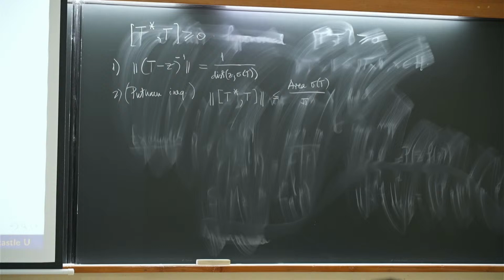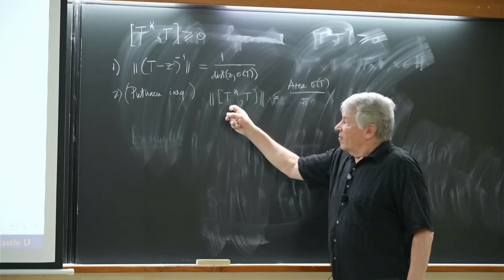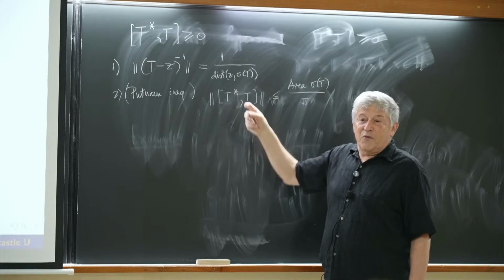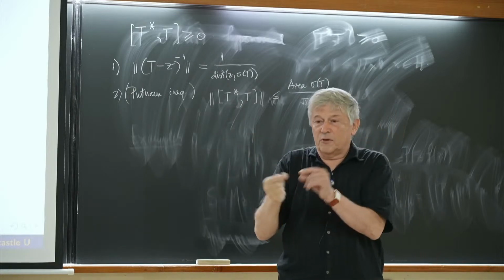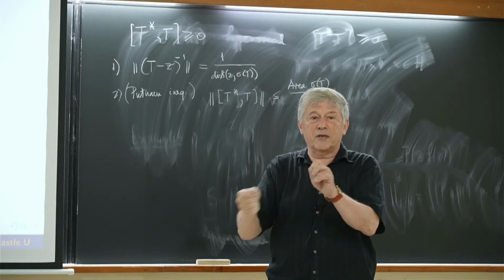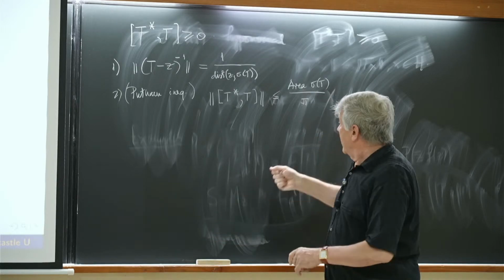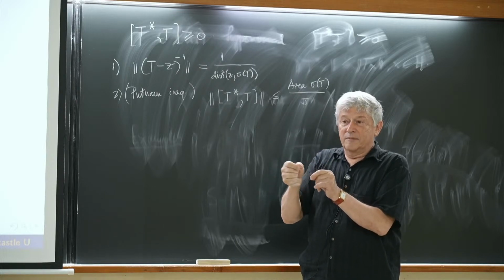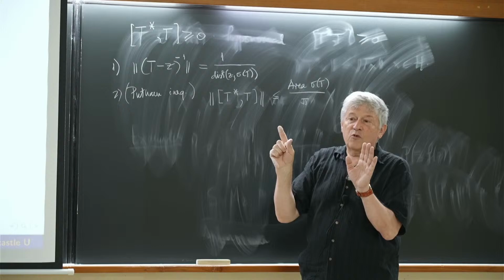Meaning one interesting feature, if the spectrum has zero area, this is zero, so T is normal. So if you take an irreducible operator, you write it as a direct sum of operators, and it has only thin spectrum, for sure it is normal.